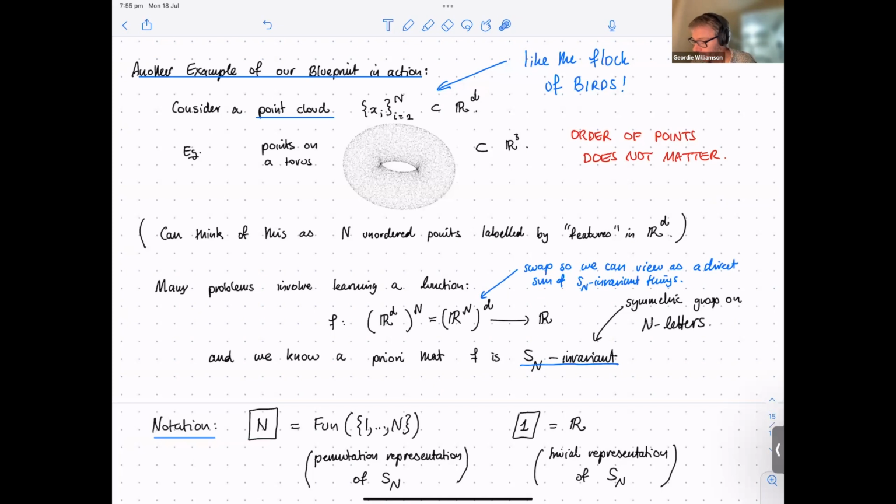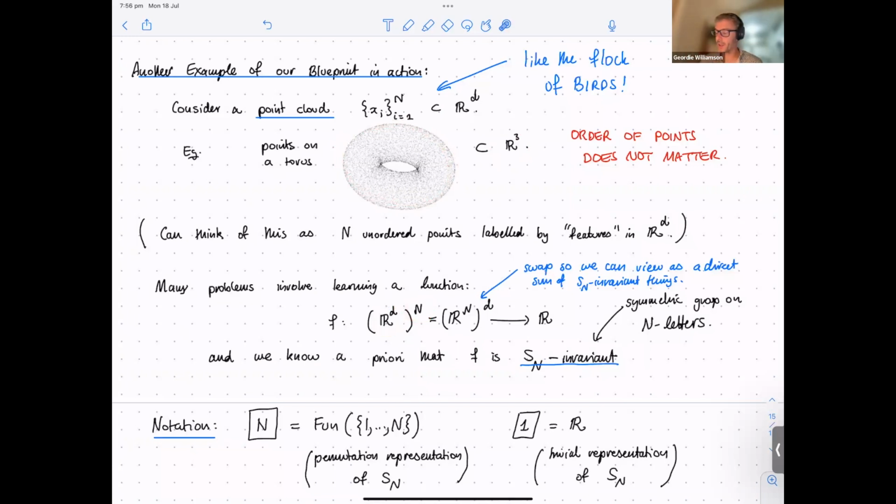We have our collection of points. This is n points in R^d. For example, this would be 10,000 points in R^3, so here we'd have (R^3)^10,000.